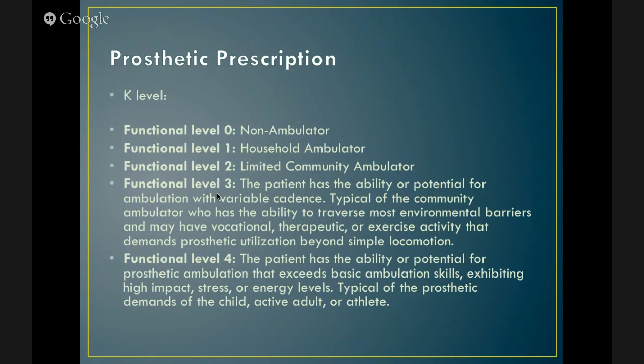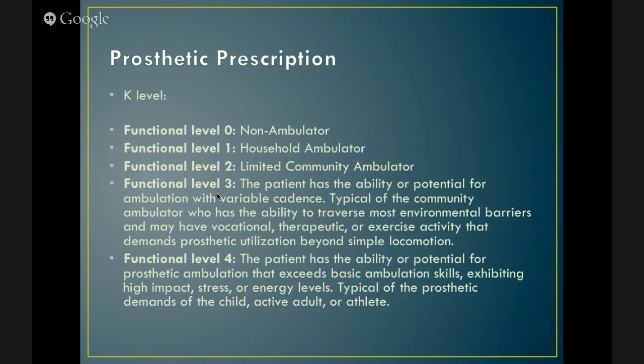On the opposite end of the spectrum, a K4 is basically your active adult or athlete who does all these dynamic, high impact activities. But those are opposite ends of the spectrum. We don't really talk about those too much, because for the most part, the componentry that you can get at a K4 level, you can get at a K3 level.